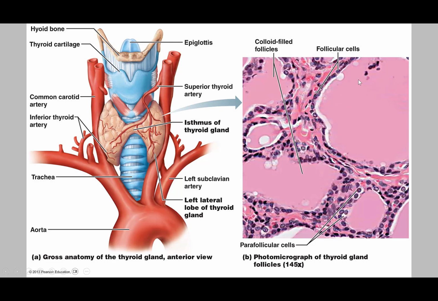And inside of the follicles, we find this gelatinous substance called colloid. So the edge is surrounded by follicular cells, and the inside is filled with a gelatinous liquid called colloid.